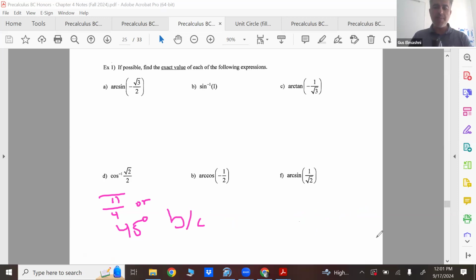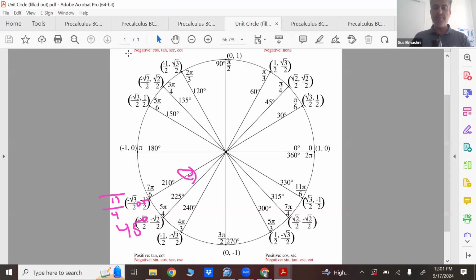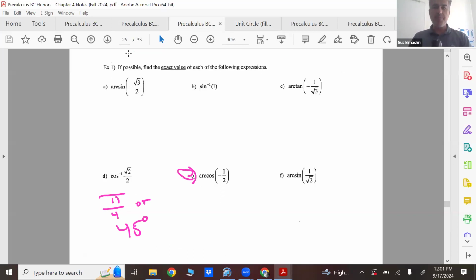While we're at it, let's look at part, ooh, that's a typo. That should be part E. Okay, where is the x-coordinate -1/2? Where's the x-coordinate -1/2, guys? What's that? 2π/3. Thank you, Sean.